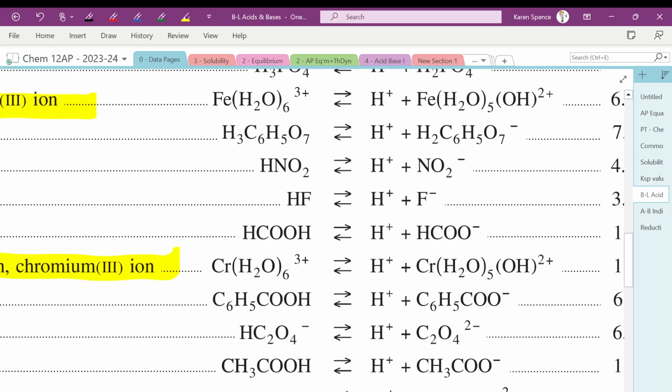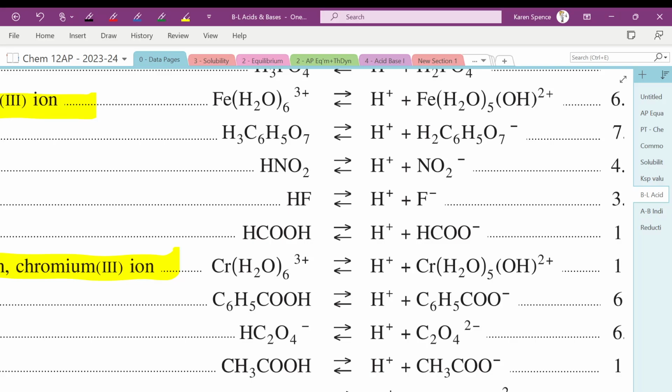When chromium goes into water, and I know you were away last day, okay? 6 waters stick their lone pairs into the empty d orbitals. They just associate themselves with it. This is what we call a complex ion, and it provides us with a source of hydrogen ions.